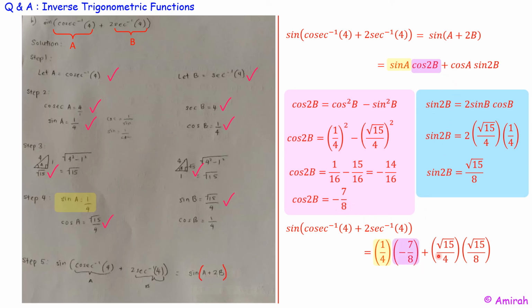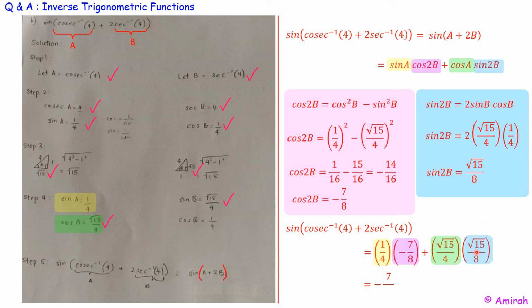And then plus, and then cos A equals root 15 over 4. So we replace here, okay? And sin 2B equals root 15 over 8 using the double angle identity. So we put it here, okay? This is the value of sin A, cos 2B, and then plus cos A, and then sin 2B.